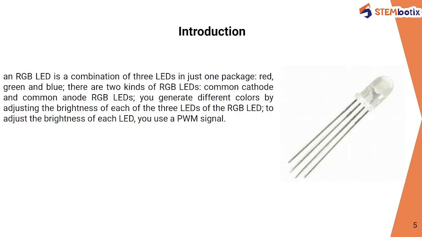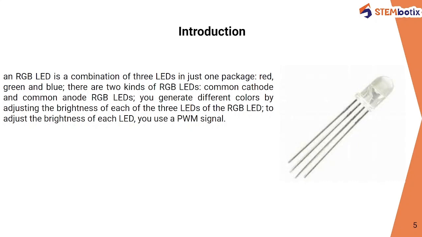The human eye has only three types of cones. These cones detect red, green, and blue. Yes, our eyes can detect just these three primary colors: red, green, and blue.